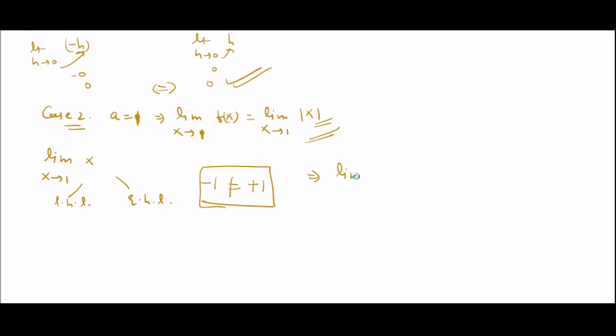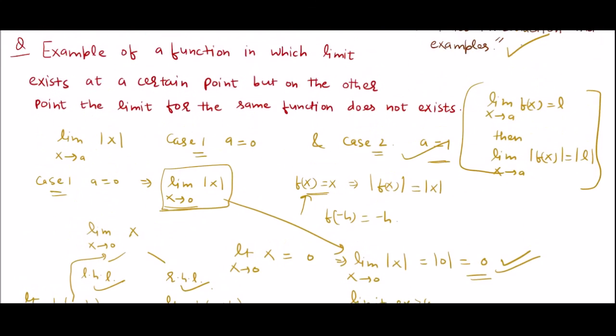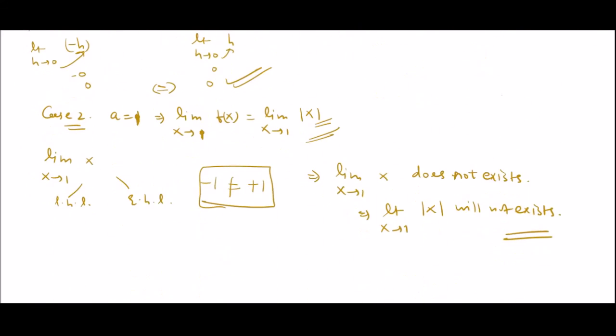Since the limit as x tends to 1 of x does not exist, this implies that the limit as x tends to 1 of mod of x will not exist. Fine. Because the theorem says that if the limit as x tends to a of f(x) is equal to L, then only the limit as x tends to a of mod of f(x) will be equal to mod of L, right?